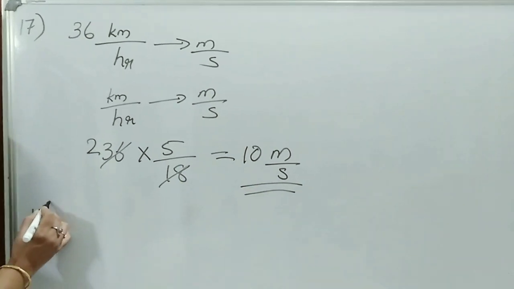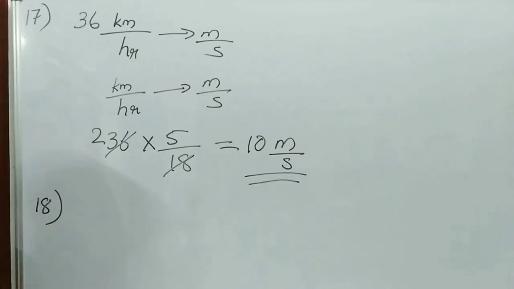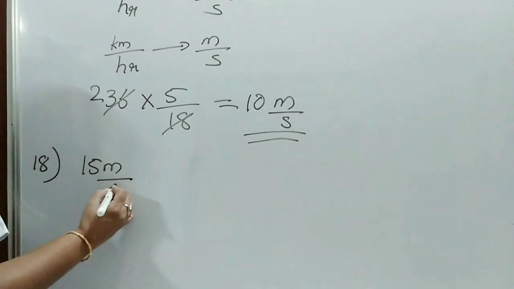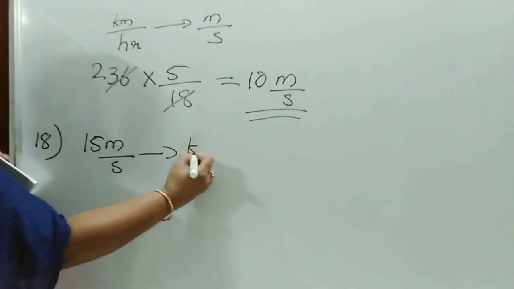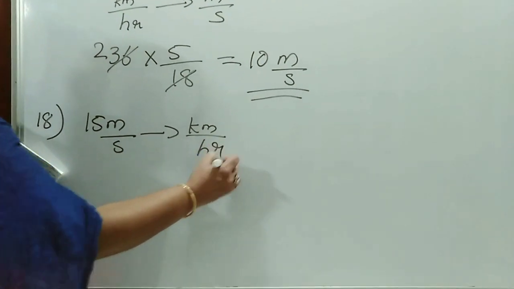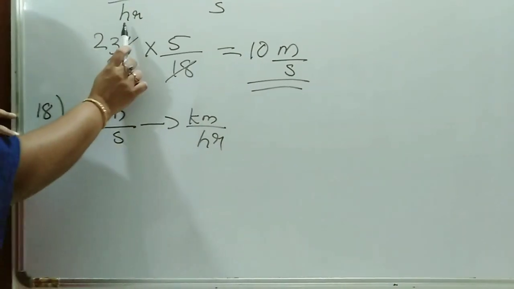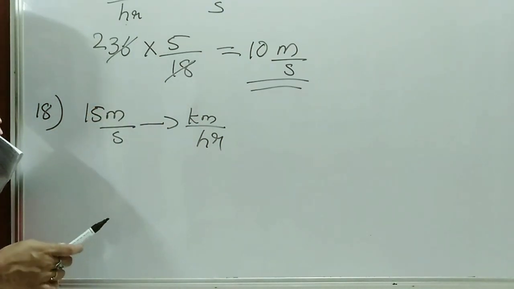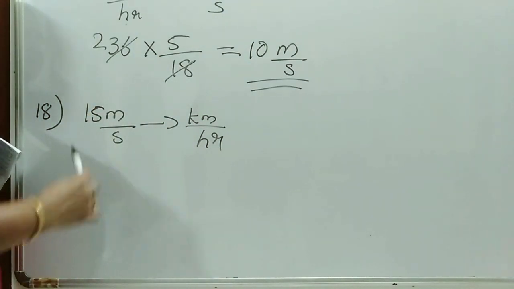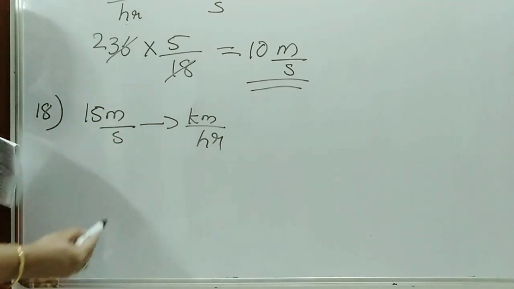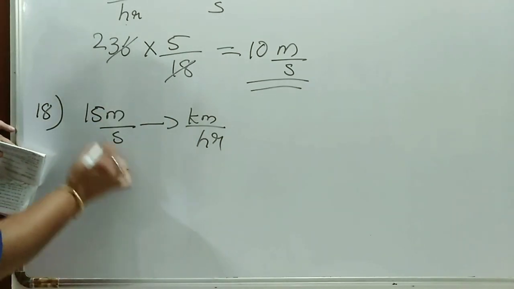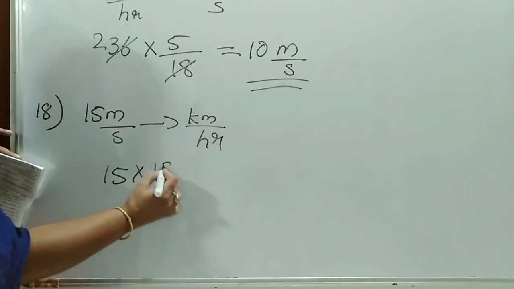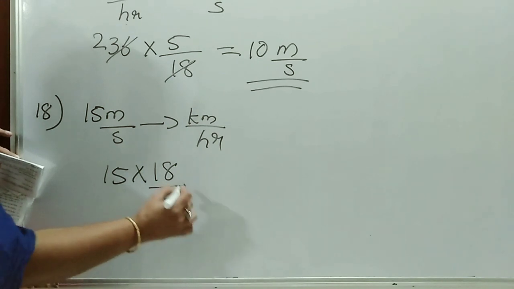Now question number 18. Just the reverse, they are asking. Express 15 meter per second in kilometer per hour. If you are asked to convert kilometer per hour to meter per second, multiply by 5 by 18. So for meter per second to kilometer per hour, just take the reverse. The given number 15 into 18 by 5.